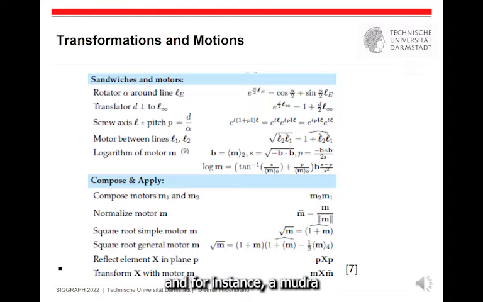And a motor, as the transformation of rotation and translation together between two lines L1 and L2, can be expressed as the square root of the product of the normalized lines, or simpler as 1 plus the product of the two normalized lines, and this expression normalized. The composition of two motors M1 and M2 is simply the geometric product of them.